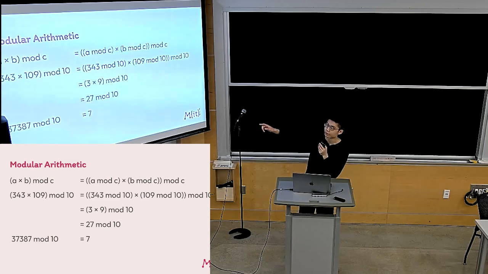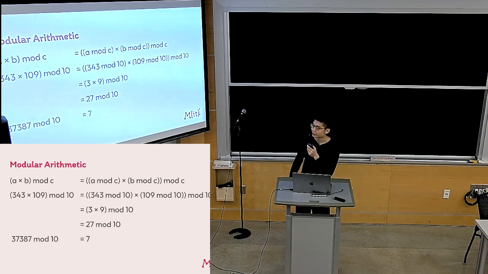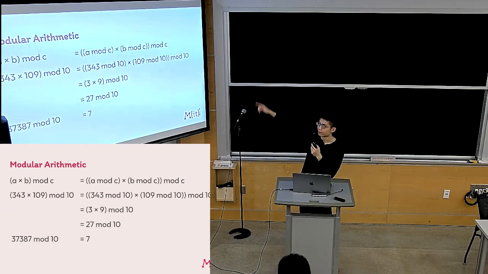So instead of computing 343 times 109 and getting 37,000 something, and then looking at the last digit, what you can instead do is take modulo 10 first for each of those numbers. So 343 modulo 10 is 3, and then 109 modulo 10 is 9. And then you get this small number, 3 times 9, and then you can just compute modulo 10. And so this computation is much simpler for us humans.